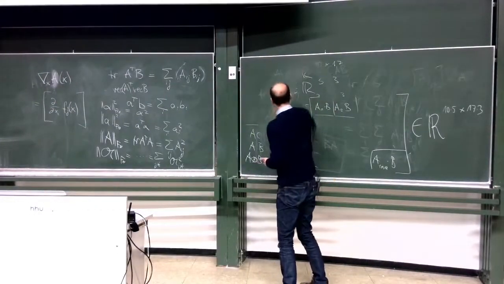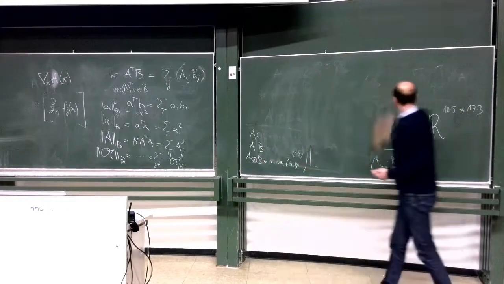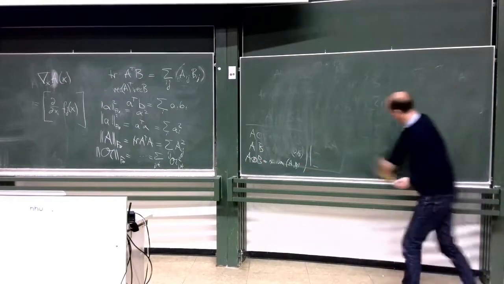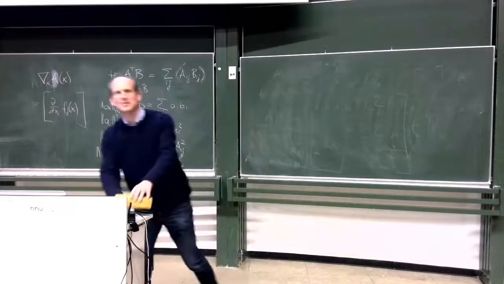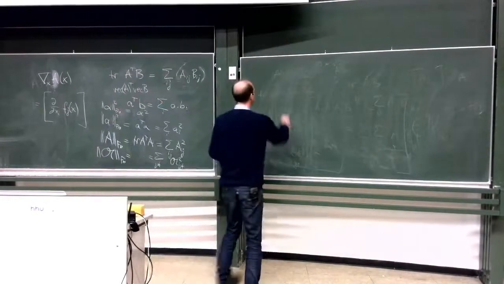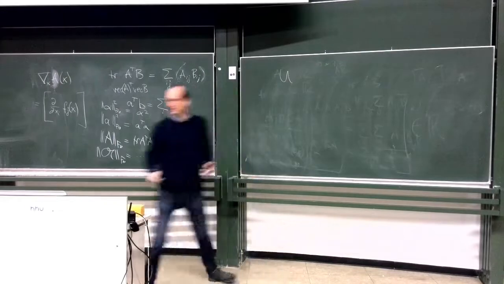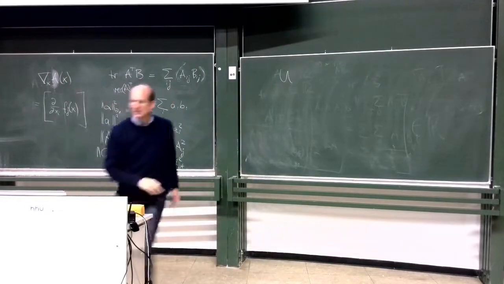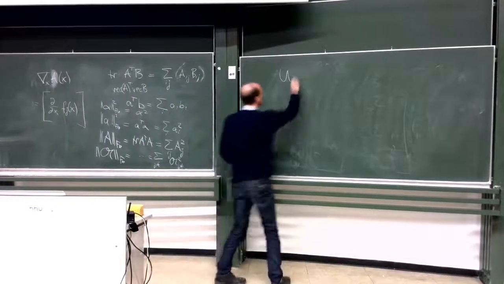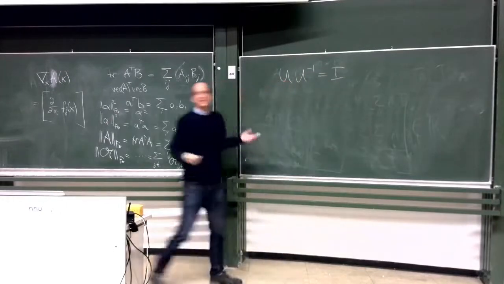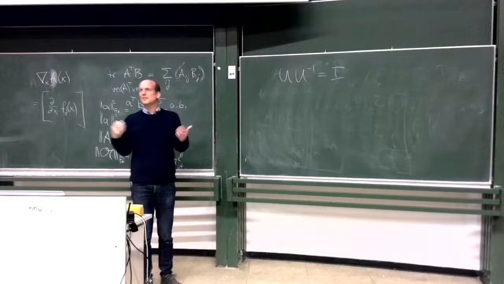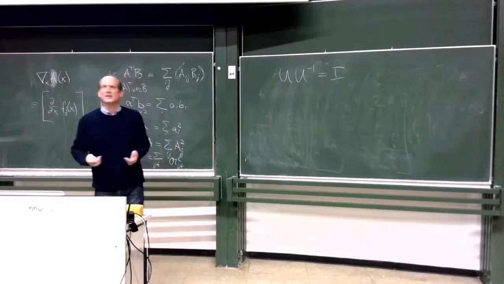Basically it follows from the product rule. That is not such a big surprise because the inverse matrix is something about products, right? So the inverse is defined like that: U times U inverse is the identity matrix.